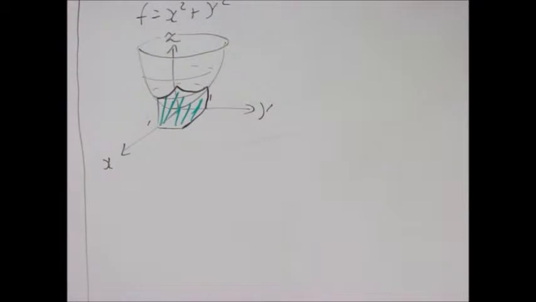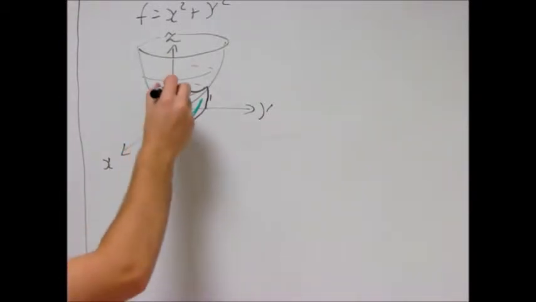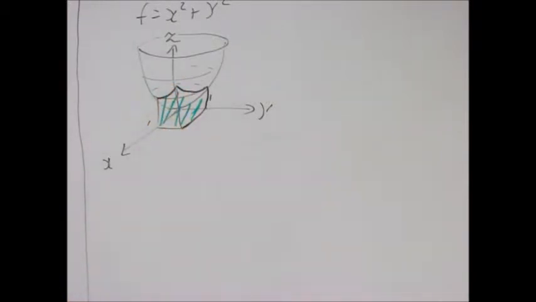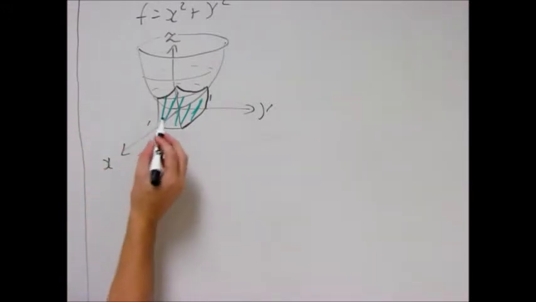And so let's think about how we can try to calculate this. One way of doing it is if we think about this as slices, we try to find slices of this region.